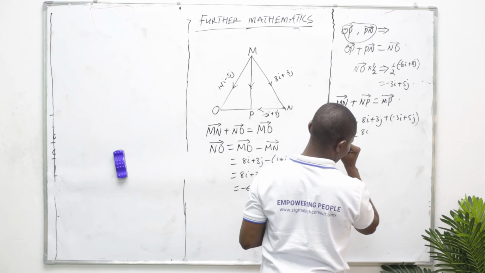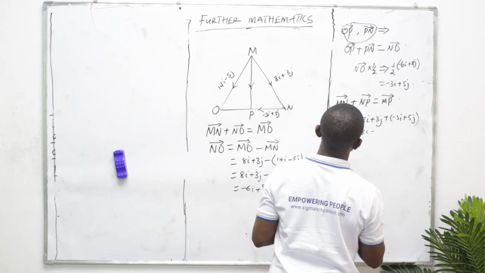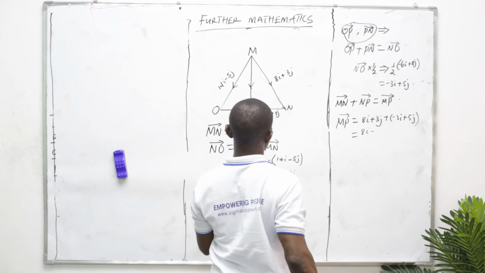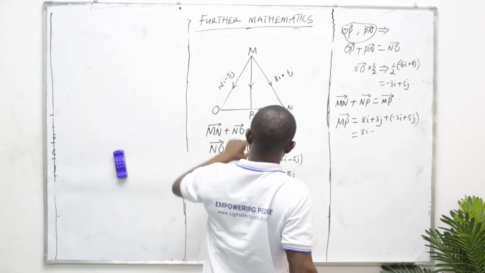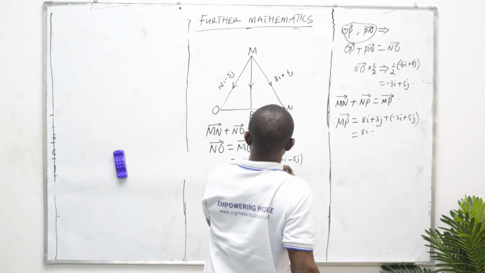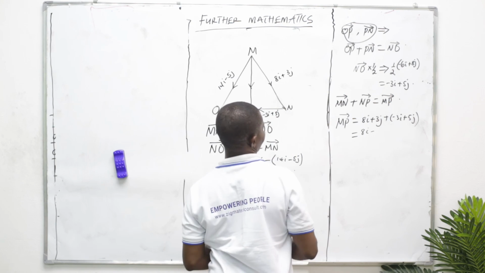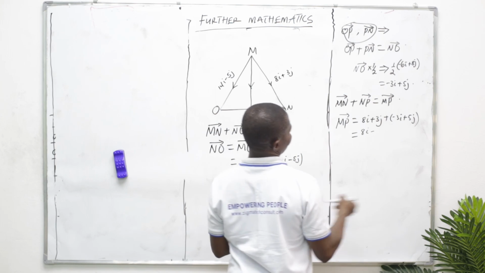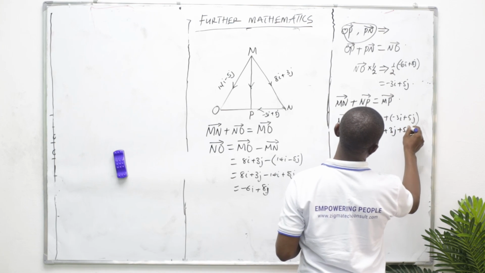This will now give us 8i plus 3i, and 3j minus 4j. Sorry, this plus this. So this is 8i plus 3i plus 3j minus 4j.